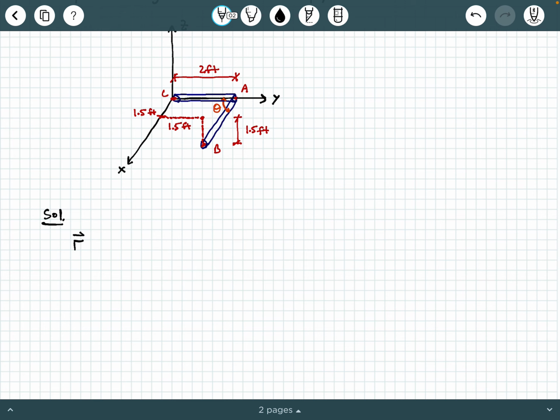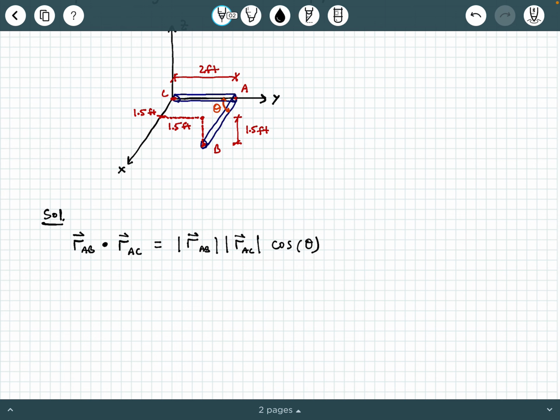Let's say we have the position vector AB, and we can dot it with the position vector AC, and what that's going to equal is the magnitude of the position vector AB times the magnitude of the position vector AC times the cosine of the angle in between those two position vectors. So that's the general relationship, and if you're a little rusty on that, you can go back and rewatch a previous video where we give some background information on this.